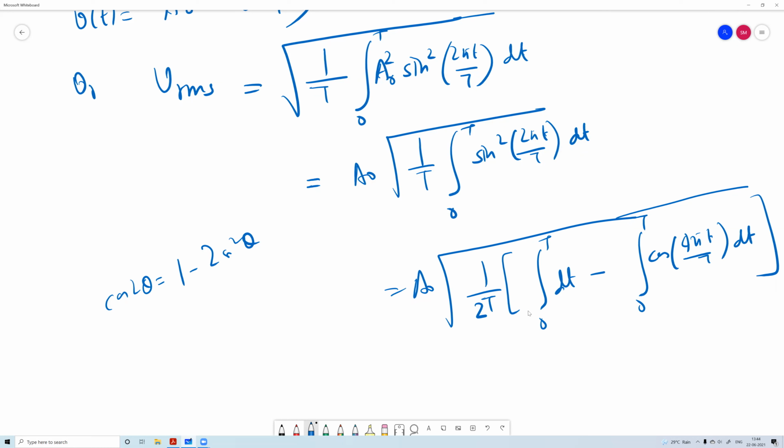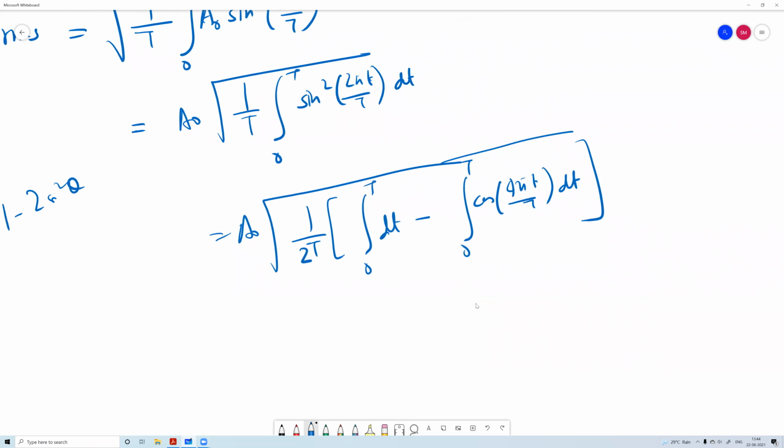This 2 is coming here because this is 2 sin square theta. Now, if you do this integral, you will find this is 0 and this is T. So I get A naught by root 2.